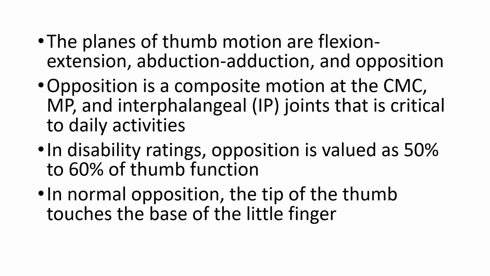In disability ratings, opposition is valued as 50 to 60% of thumb function. So opposition is very, very important. In normal opposition, the tip of the thumb touches the base of the little finger. You can see it, I showed it to you. It's involved. Okay?